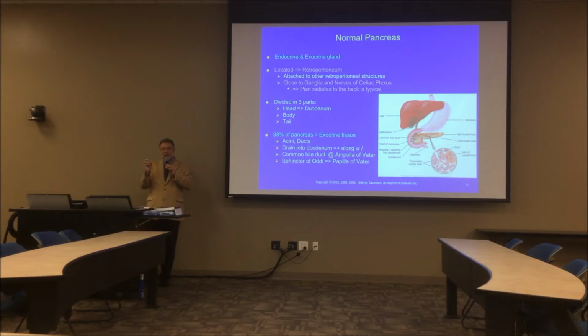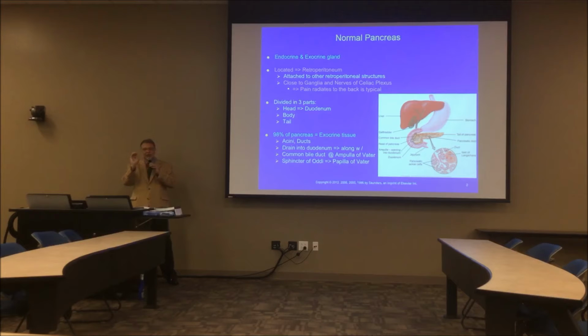Now, the pancreas has two specific conduits or pathways. One is going to go along with the biliary tract, forming the common bile duct into the pancreatic duct through the ampulla of Vater. There's one specific sphincter, the sphincter of Oddi, whatever you want to call it.